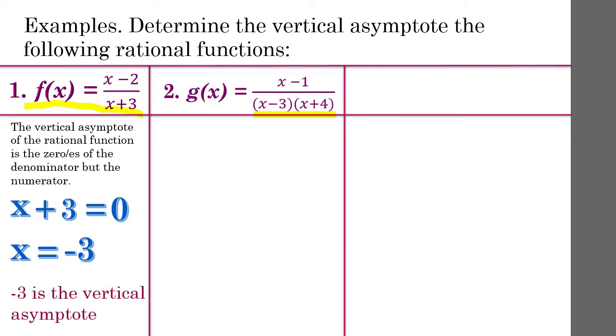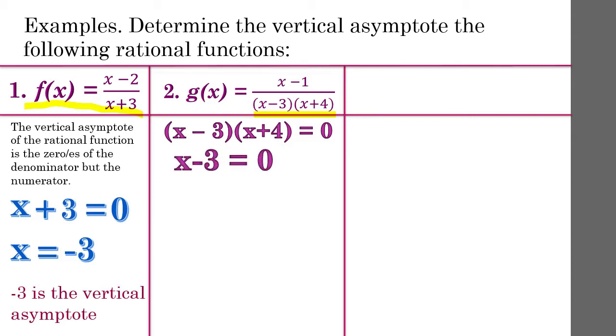Since the denominator is already factored, or already prime, we are going to equate it to 0, so that x minus 3 times x plus 4 equals 0.